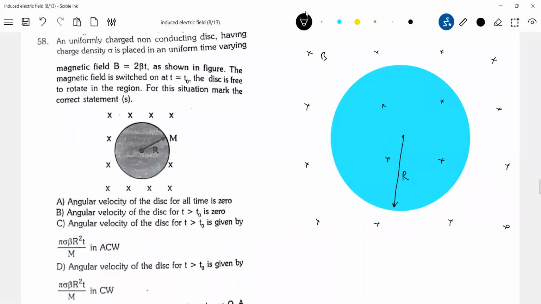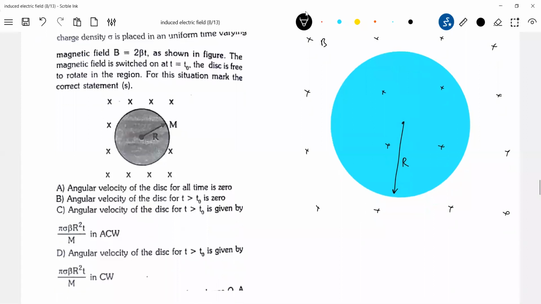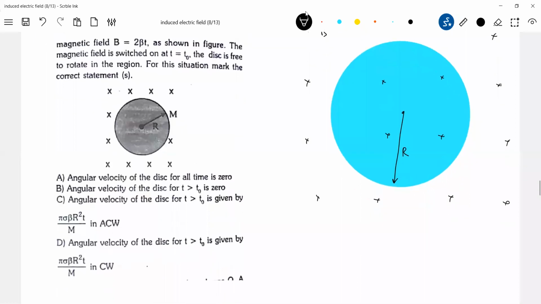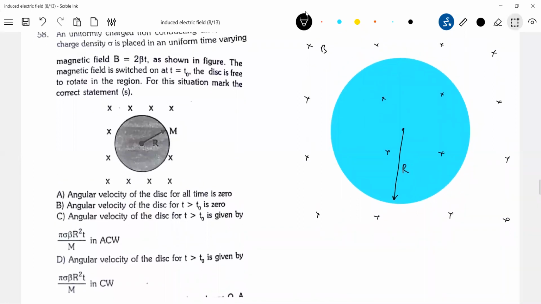Okay, let's come to this one. Now he's asking for angular velocity. Why will the disk rotate? So there's a magnetic field, no? This particular charged disk is kept in a solenoid. Better to recollect here. So what is the overall diagram? The diagram is something of this kind.